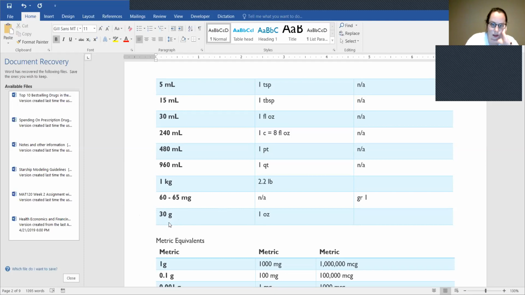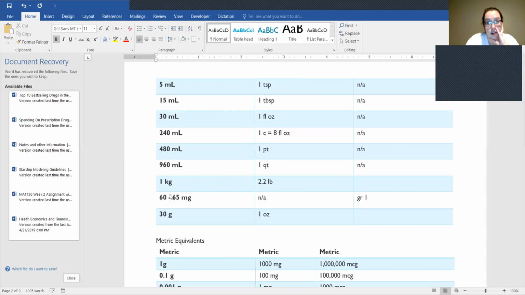So, if there are 1,000 milliliters in a liter, we can say that a liter weighs 1,000 grams or a kilogram. That's close enough, unless we're talking about something like mercury, where a liter actually weighs 13.6 kilograms, which is closing in on 30 pounds.